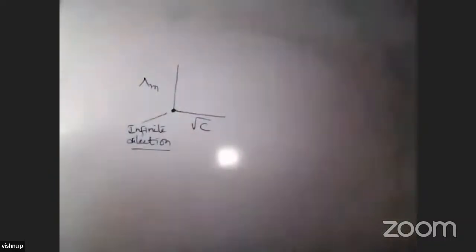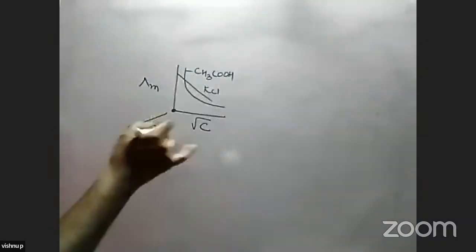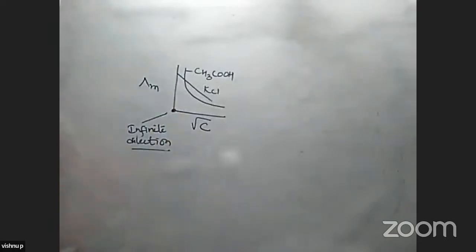When you compare molar or equivalent conductivity with conductance, we get this curve for weak electrolytes, that is CH3COOH, and for strong electrolytes we get this, that is potassium chloride. So what it indicates is that for strong electrolytes, up to infinite dilution, the ions are dissociated.